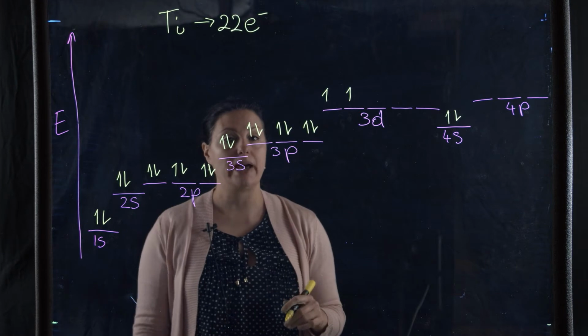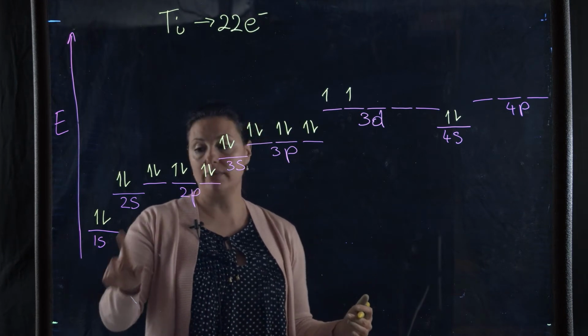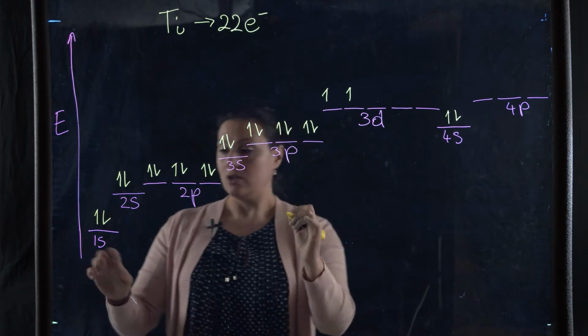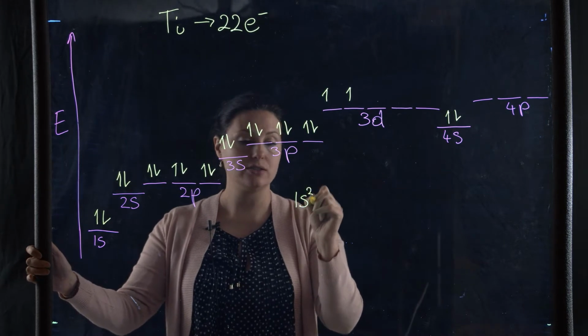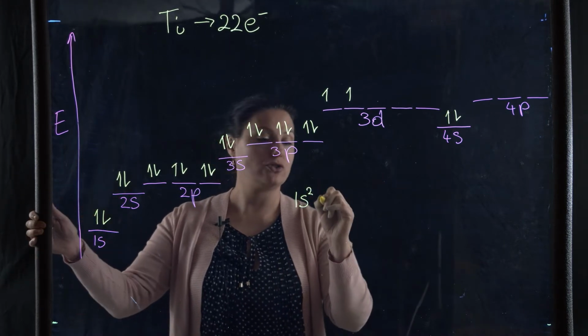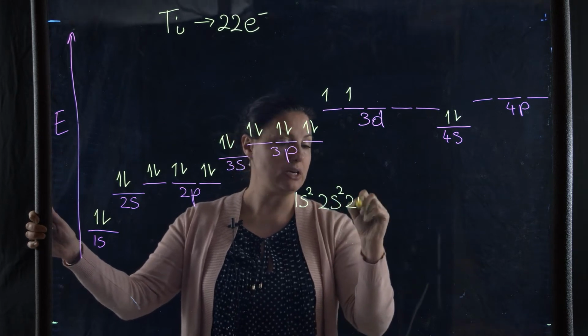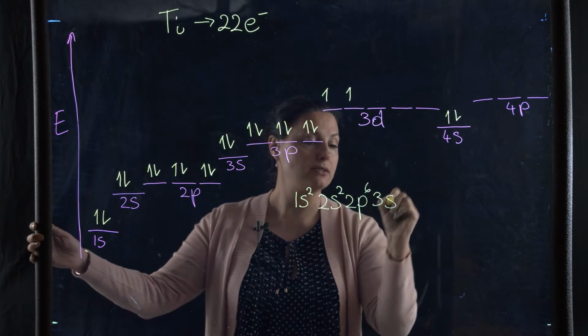Now I need to write the full configuration, and I start by writing each orbital and how many electrons they have. So I start with the lowest one, 1s, and that has 2 electrons. Now my 2s also has 2. My 2p has 6. My 3s has 2.